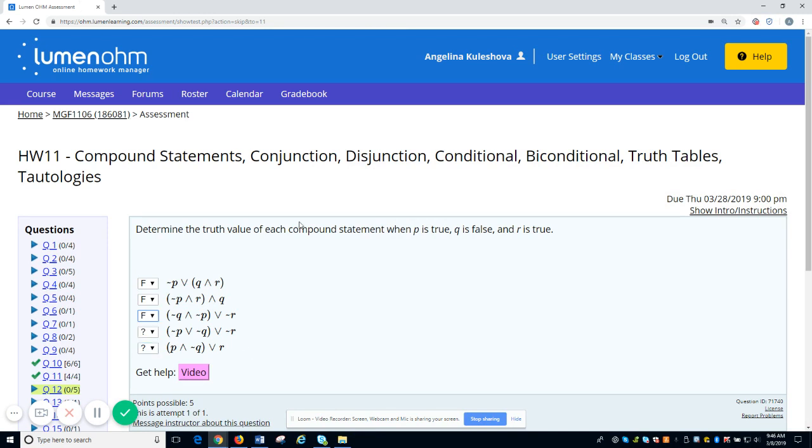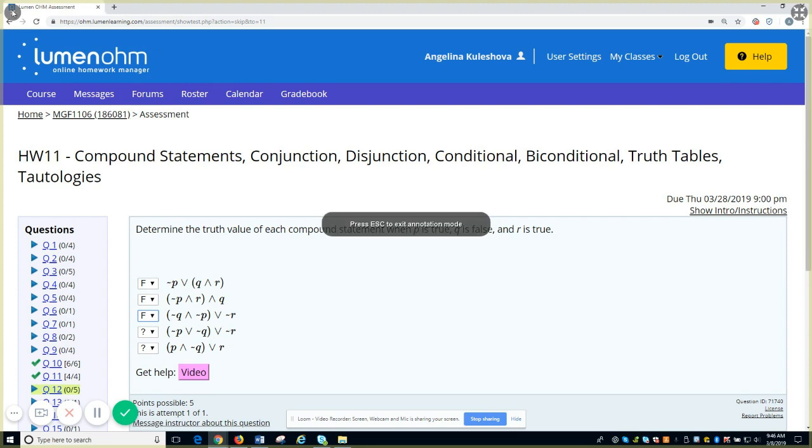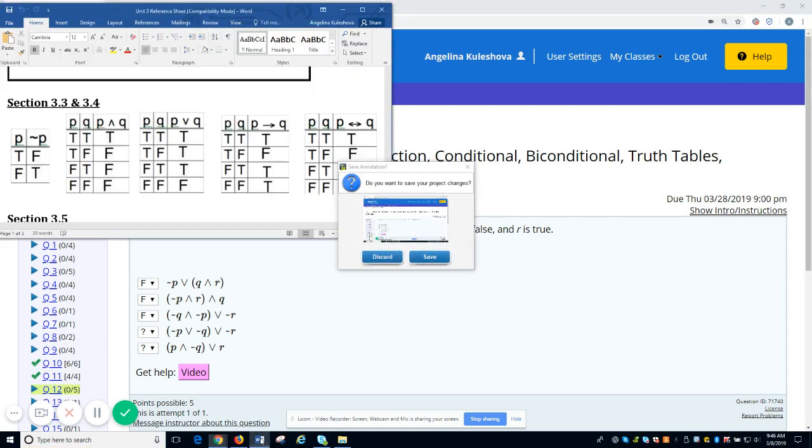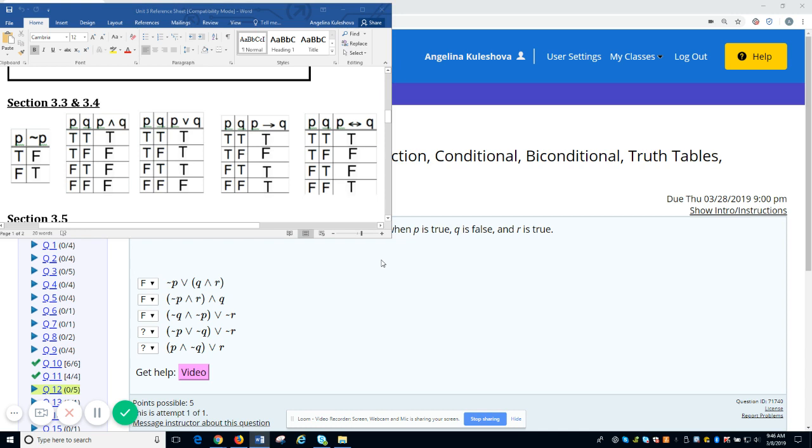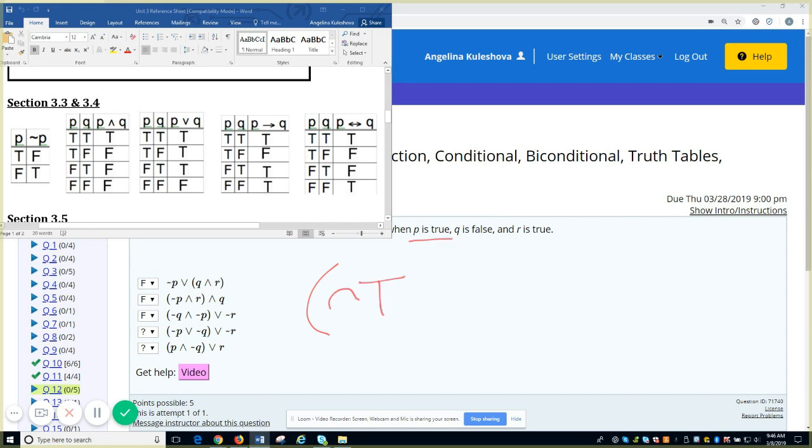Okay. All right. Next one. So next one is negated P, which is true, or negated Q, which is false, or negated R, which is true. Okay. So again, I'm going to simplify the negations.